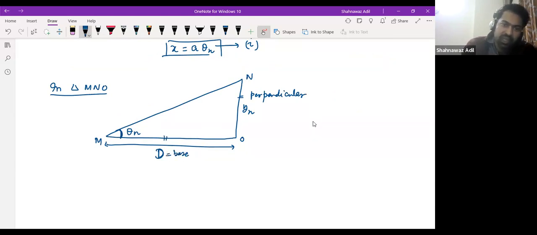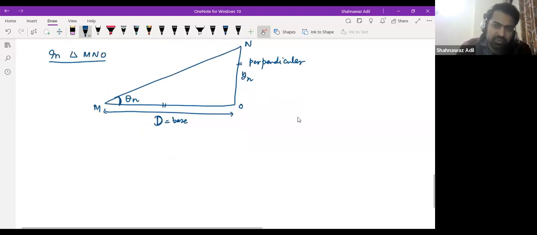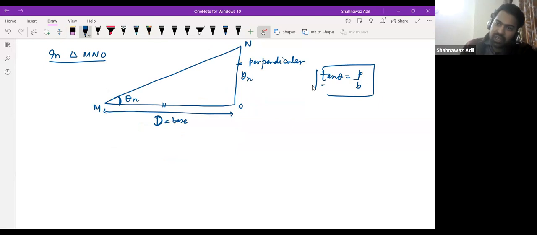So what relates perpendicular and base? Tan theta, right? So tan theta is perpendicular by base. So if I write this here, tan theta n would be yn by d.